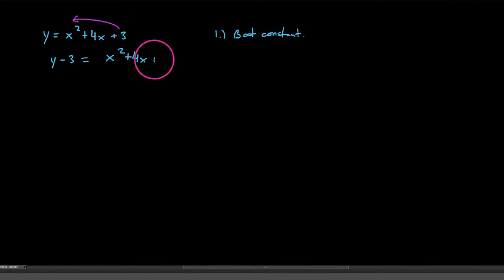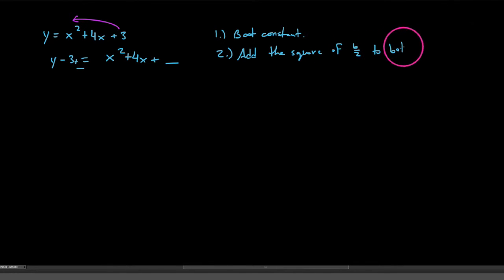Now the next thing we want to do here is add a constant to both sides. That particular constant we want to add is this: add half of b squared, or add the square of b halves, to both sides.